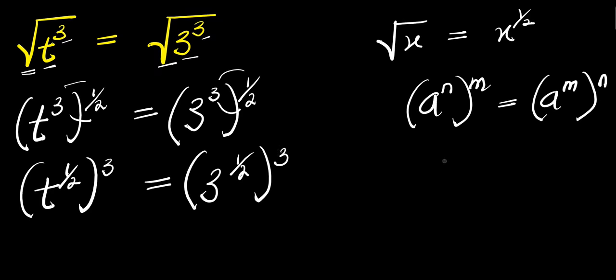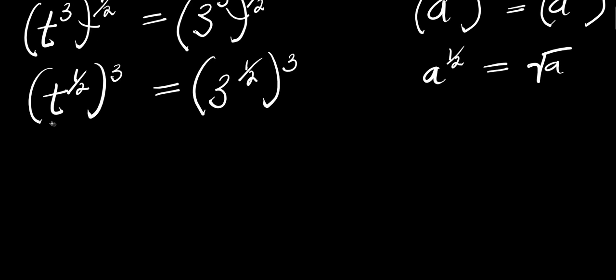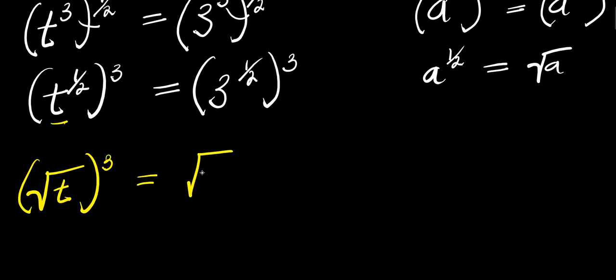Now, if you have a power 1 over 2, this equals square root of a. So right now, t power 1 over 2 is square root of t, raised to the power of 3, equals square root of 3 raised to the power of 3.